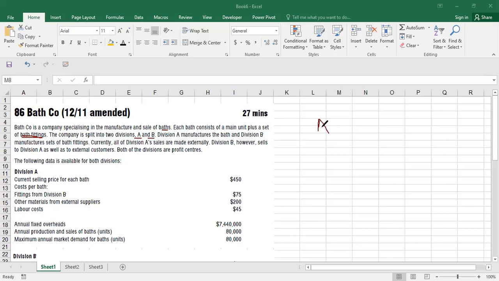So there is Division A, making bath, and there is a Division B, which is also within the same company and it is making fittings.